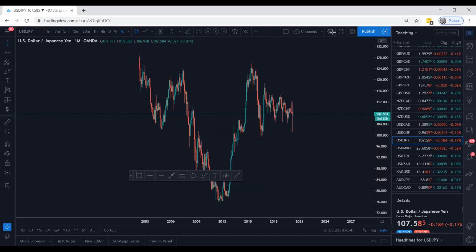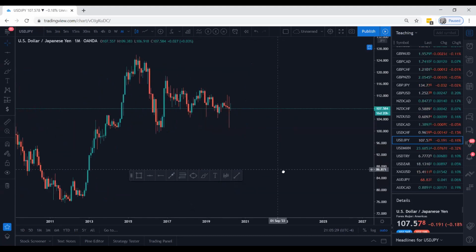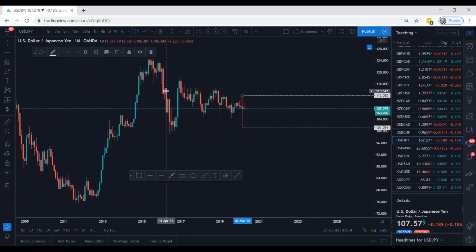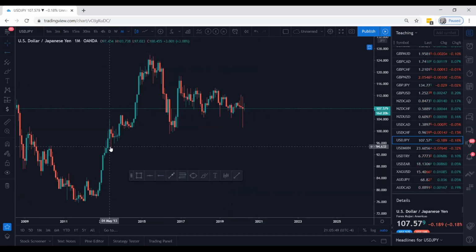Okay. So on our monthly, we basically want to look for our most recent highs and lows. And some people are going to look for the very most recent. So some people would box in price here and here. I like to go a little bit further back personally. And your chart isn't always going to look exactly like someone else's chart. I like to look in areas where price has come and resisted.